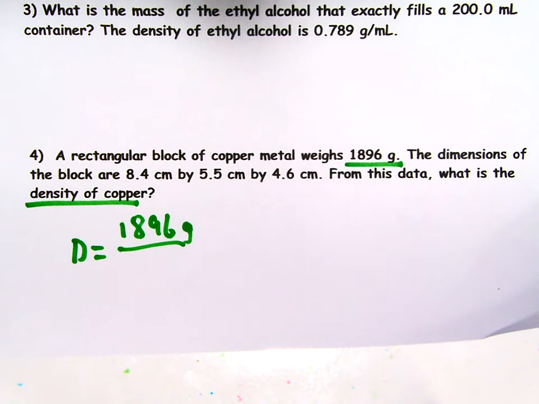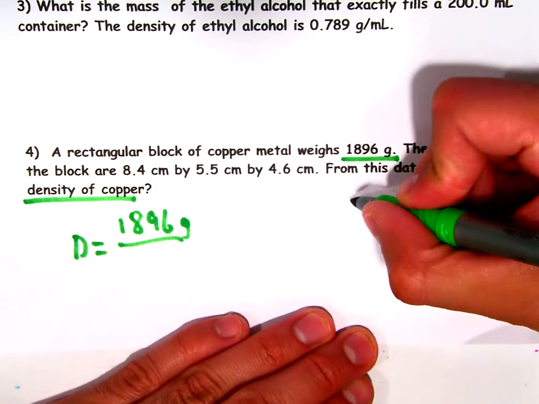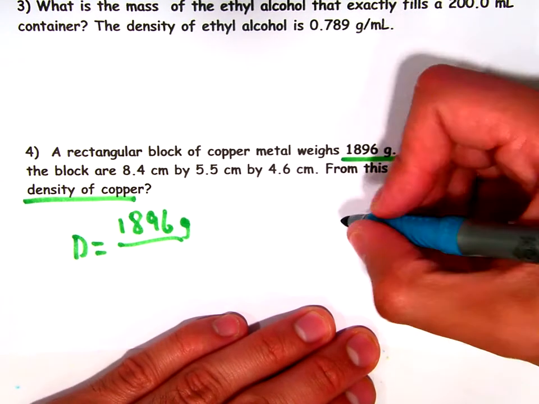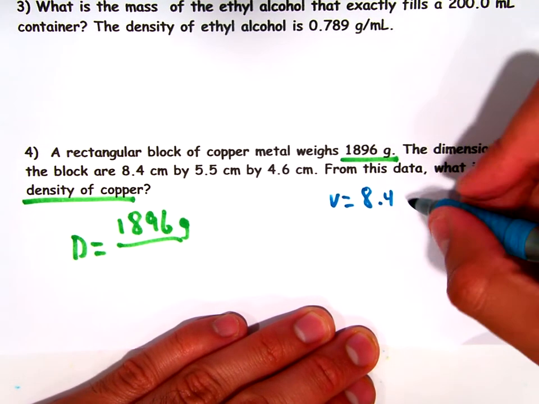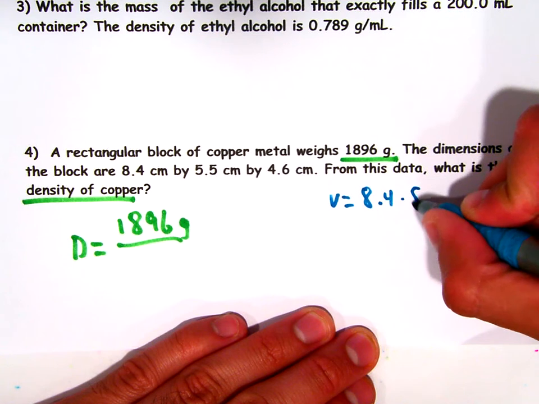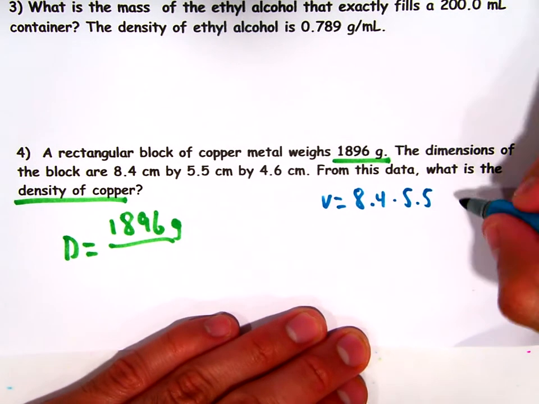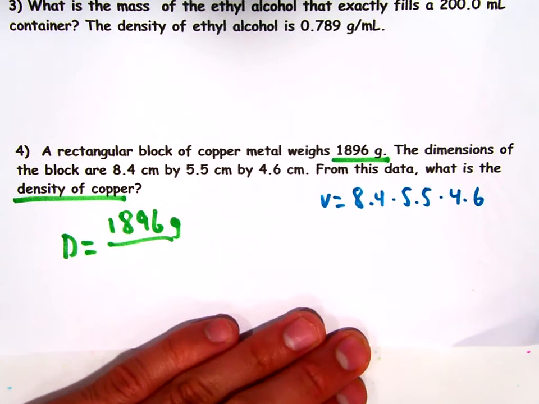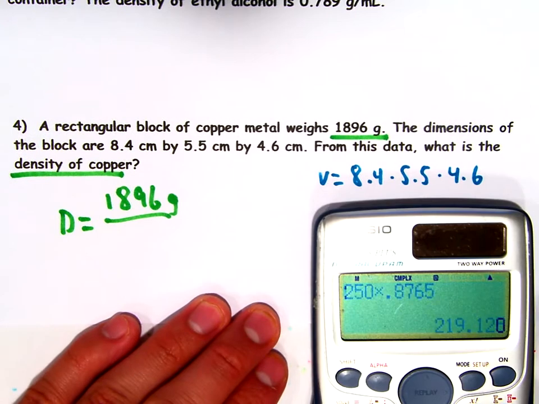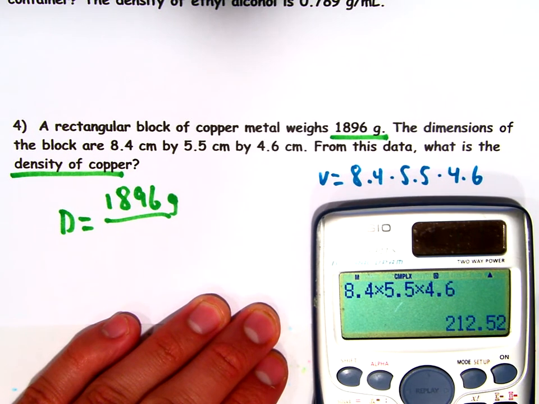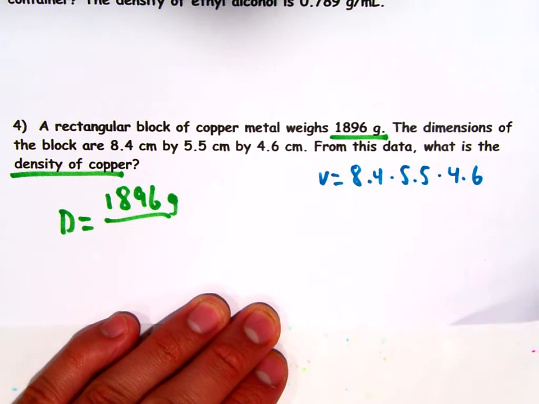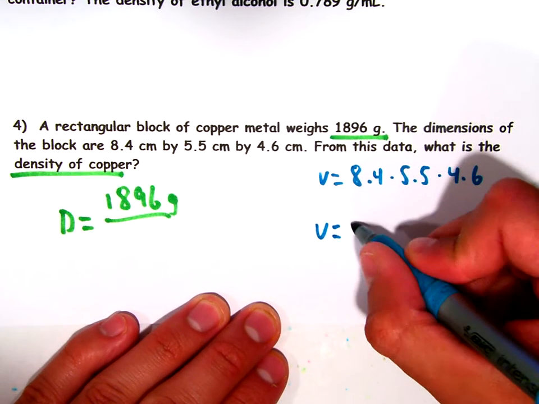So my volume, I'm going to do it here on the side, equals 8.4, leaving out the units right now, times 5.5 times 4.6. Just multiply all those. 8.4 times 5.5 times 4.6 gives us 212.5 if I round to the first decimal. So my volume equals 212.5.